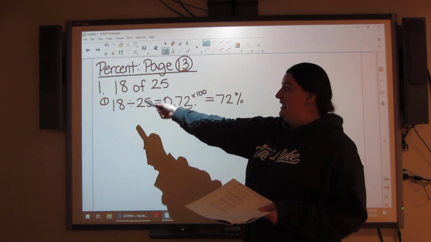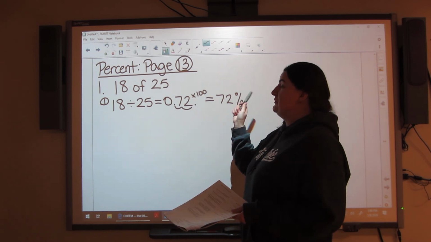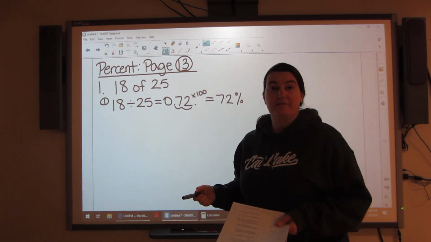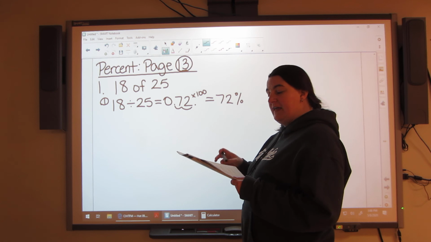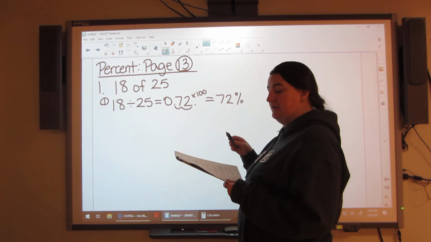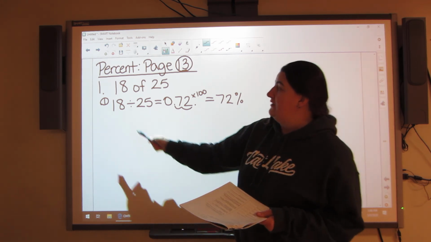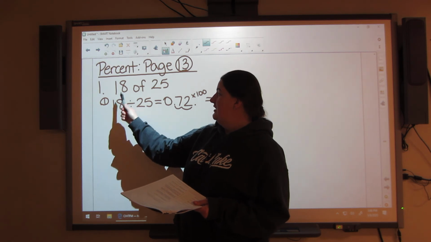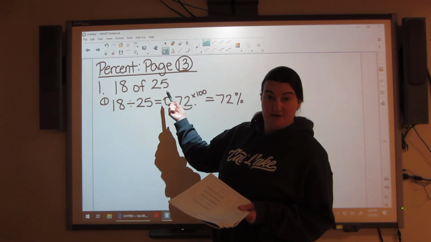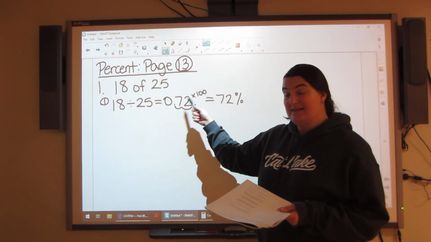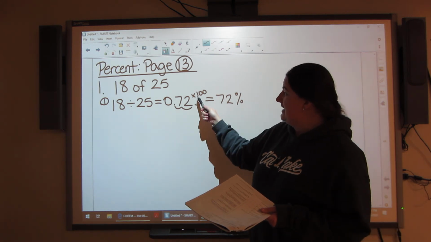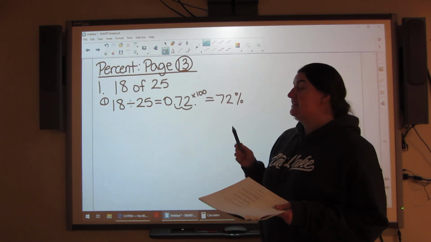So 18 is 72% of 25. So that's how you do numbers 1, 2, 3, 4, 5, and 6. You take the number, you divide it by the other number. You get a decimal, you times that decimal by 100 to get your percent.